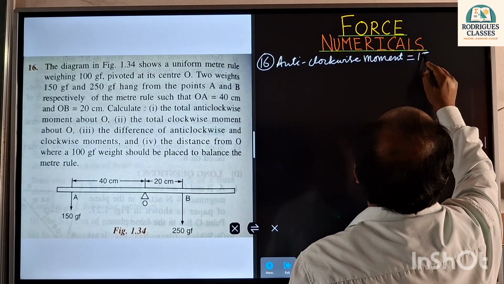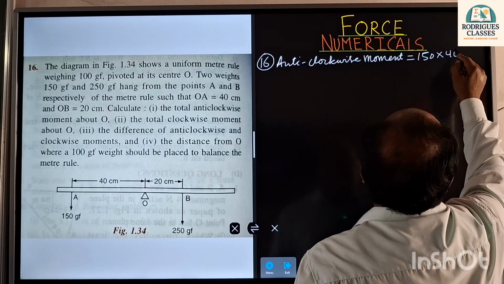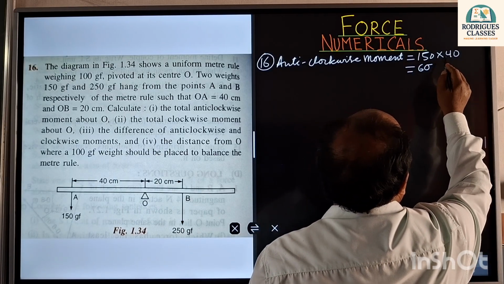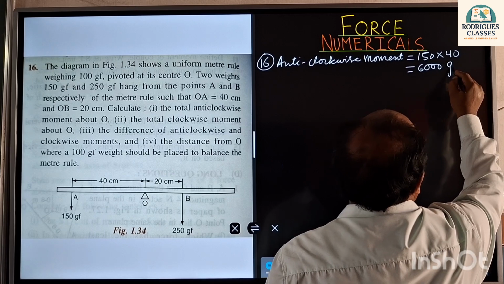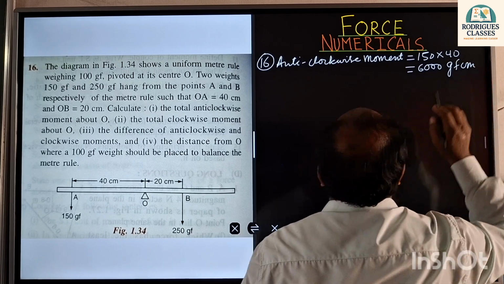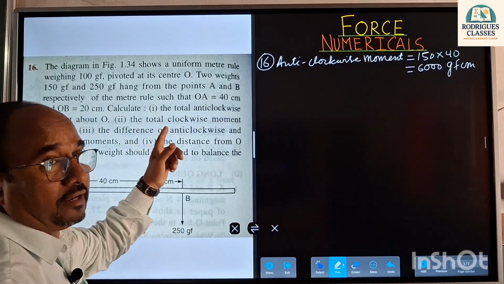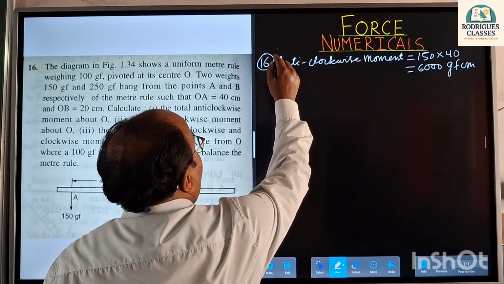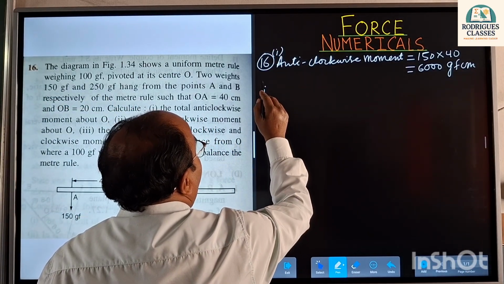So I will write here 150 into 40. So 15 fours are 60 and then 2 zeros to be put, 6000 GF centimeter. Because this is asked to find, you should write the unit. Okay. Now this is our first part.